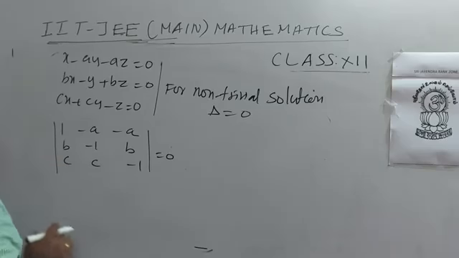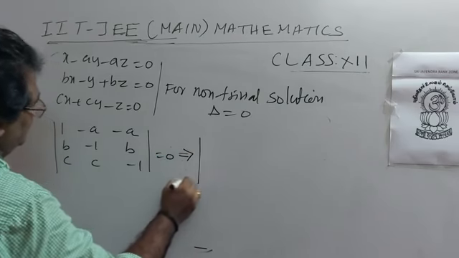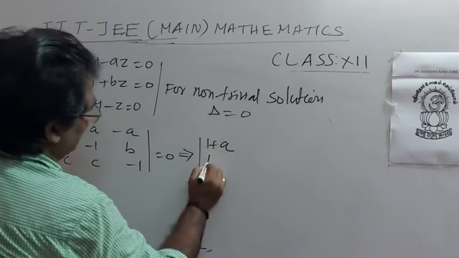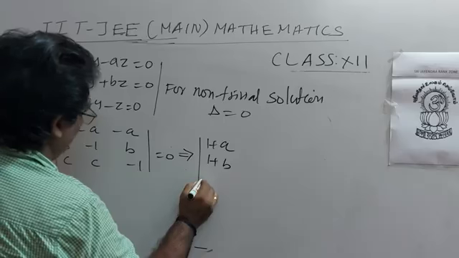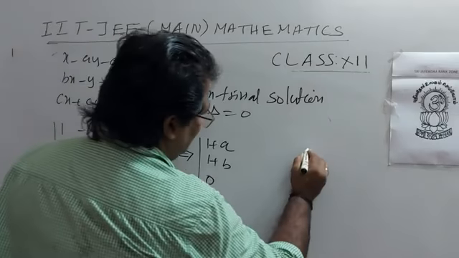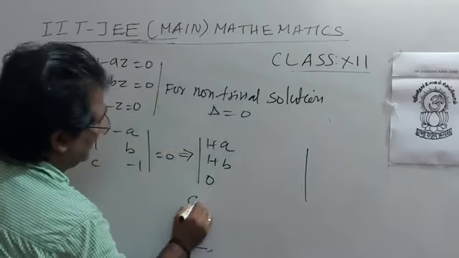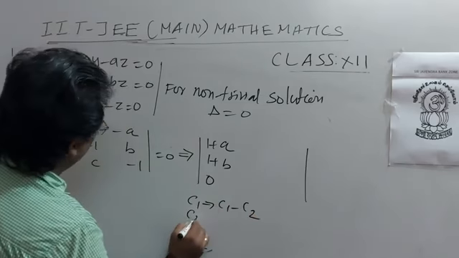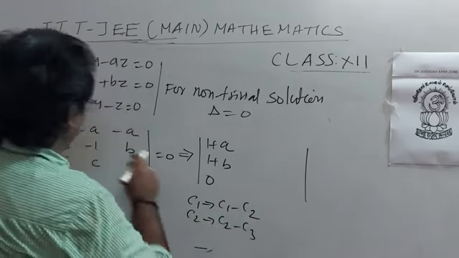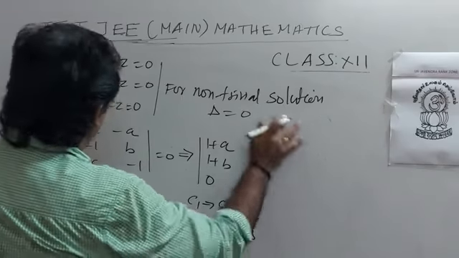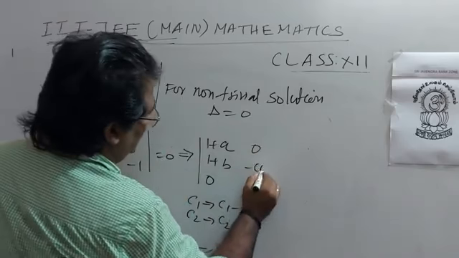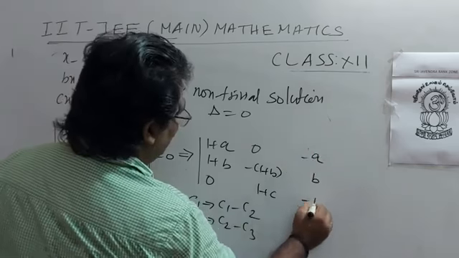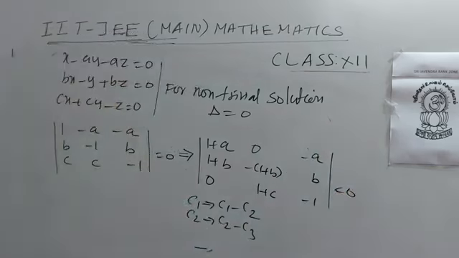You apply C1 minus C2, and C2 minus C3. This gives the entries 1 plus a, 1 plus b, 0 in the first column, and 0, minus a in the second column, then minus of 1 plus b, 1 plus c, minus a, b, minus 1 equal to 0.